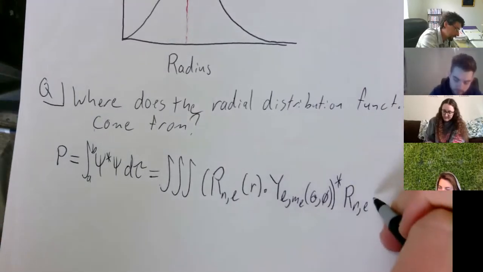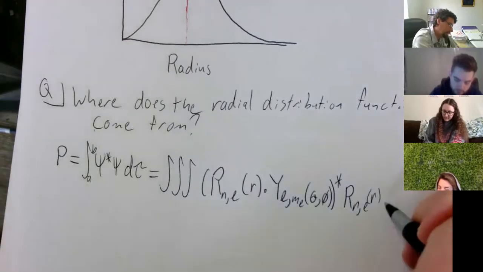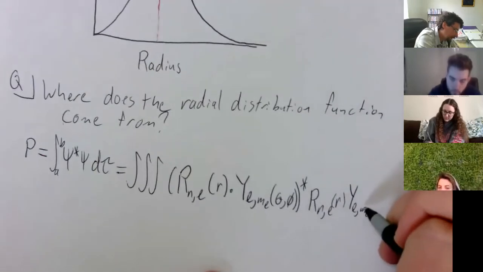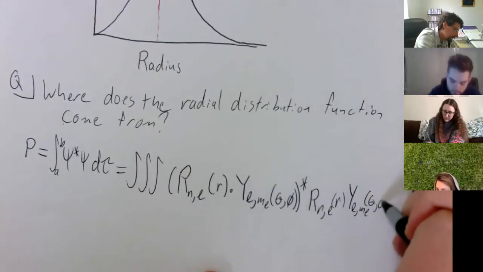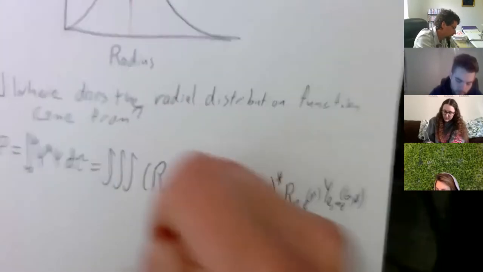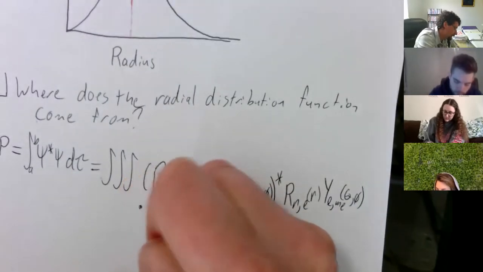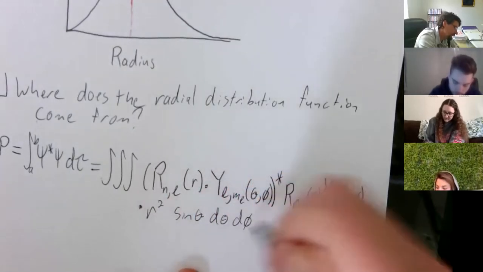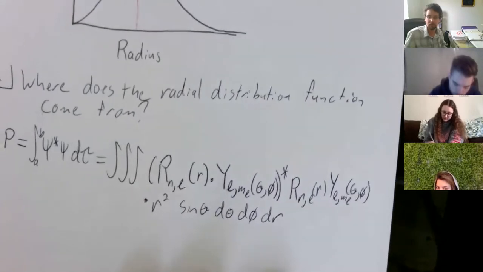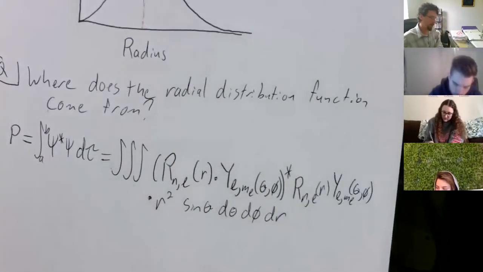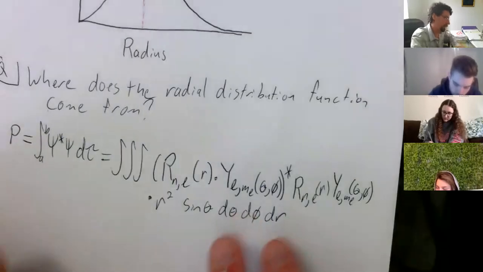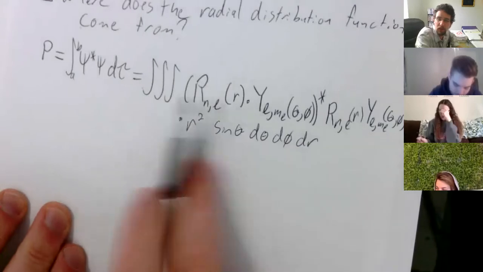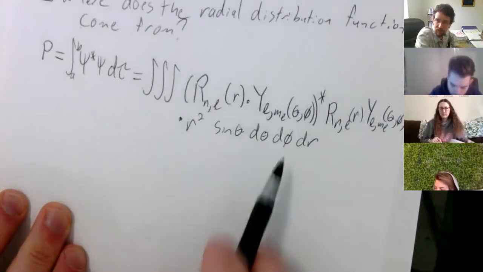R sub n l, times Y sub l m sub l, times r squared sine theta d theta d phi dr. Right? Okay, I'm going to rewrite that to organize it a little bit better. But we can split these integrals up into their separate parts, right?